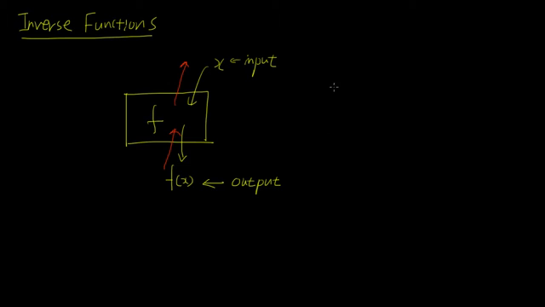Example. Let's say the function is 2x. So f of x is defined like this. How would you explain this? x goes in. What happens to that x? Whatever goes in will be multiplied by 2 and come out.